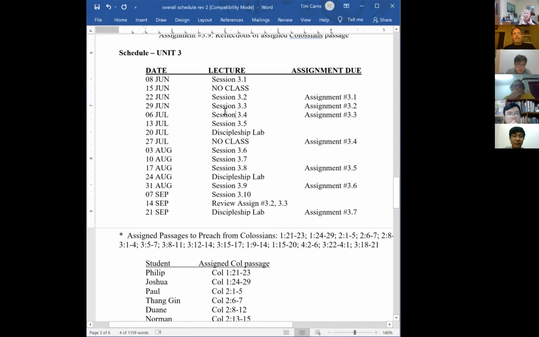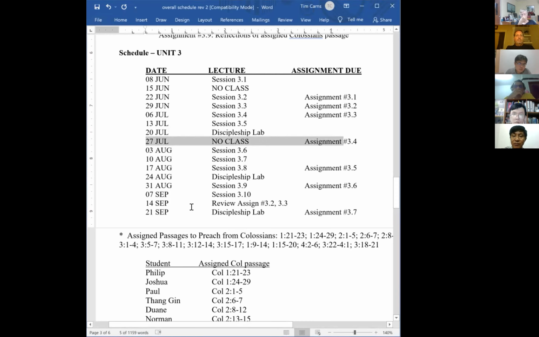The plan is we will meet the next 2 weeks to do the next 2 sessions, and then in July, discipleship lab, and then no class.